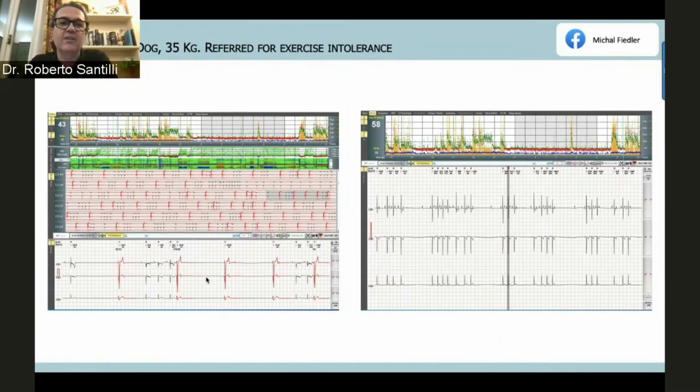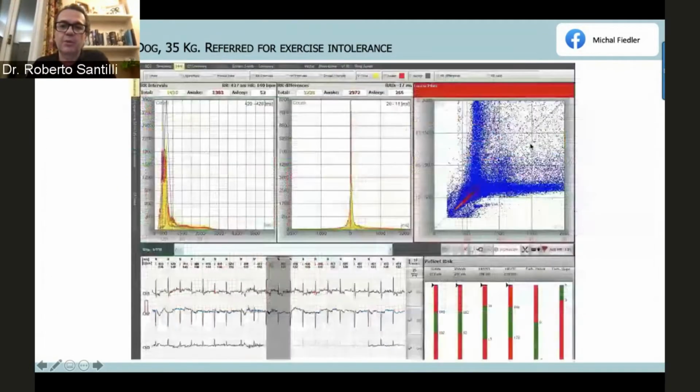You can find functional AV block just like here, with paroxysmal third-degree AV block together with an effect of the vagus on the sinus node, so you also have sinus arrest. So this is a very interesting differential diagnosis with sick sinus syndrome, but you can obviously make the differential by looking at the tachogram here and the Poincaré plot here.